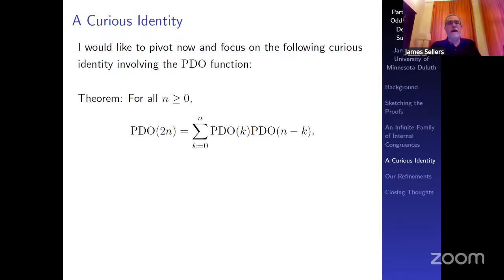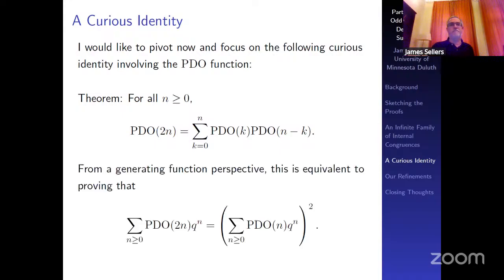So I want to go back to something I actually showed you. I think I put it in blue color earlier and I skipped over it very quickly. But the theorem that comes from that is the following, that PDO of 2n for any n is equal to this convolution sum where k runs from 0 to n, and you have PDO of k times PDO of n minus k.